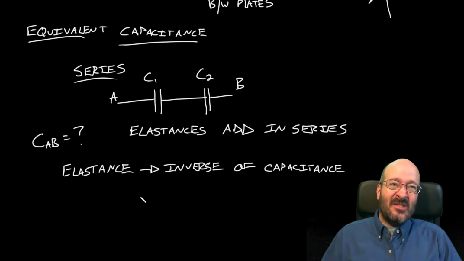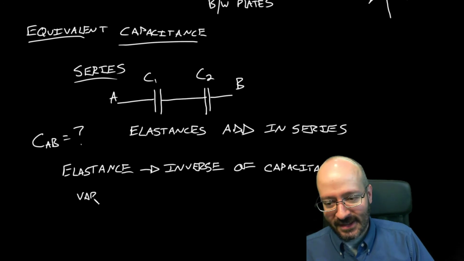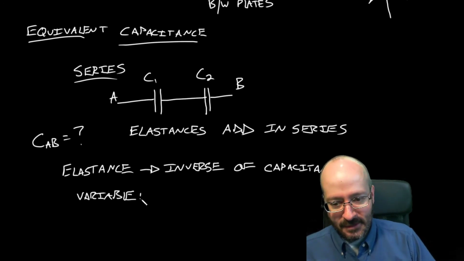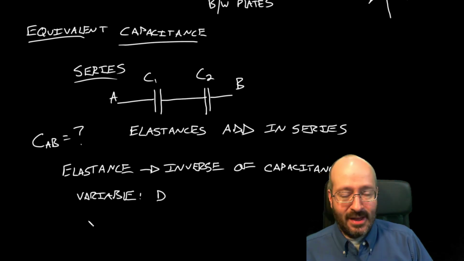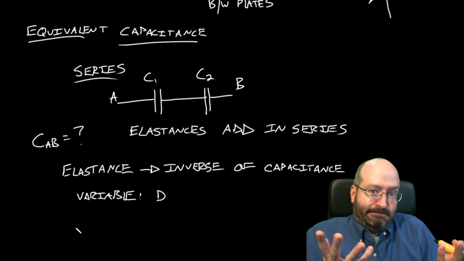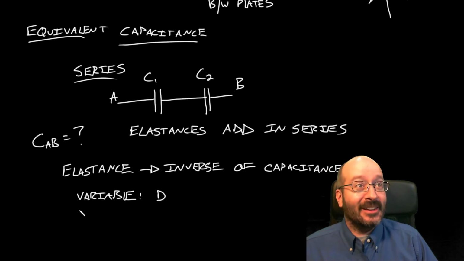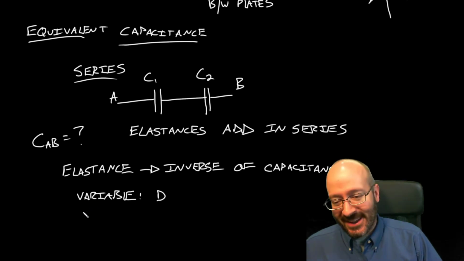The variable for elastance is capital D. I'm not entirely sure why. Part of me suspects that it's just the letter that comes after C. There's only so many letters in the alphabet. And then the unit, I always enjoy this one.